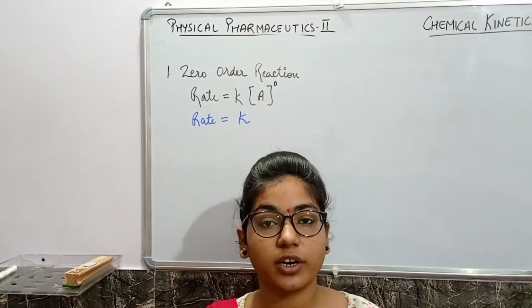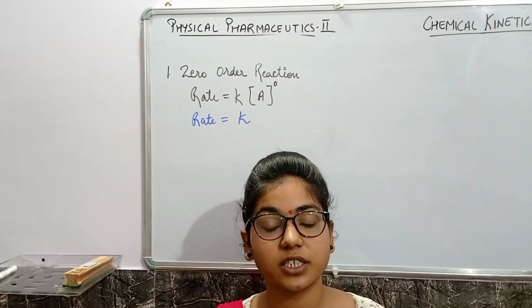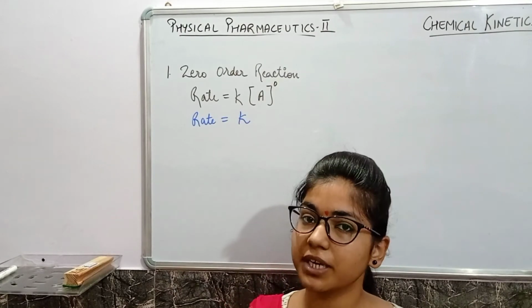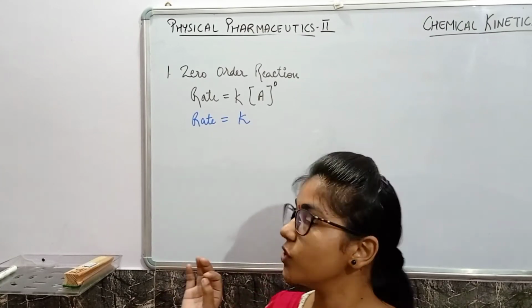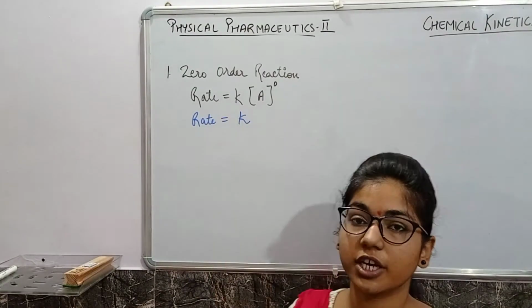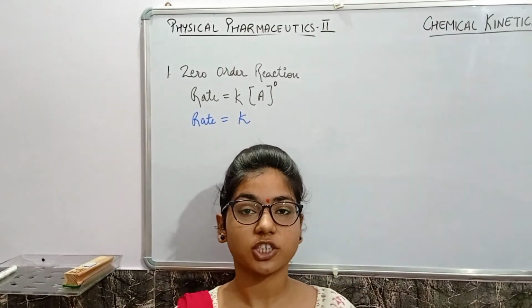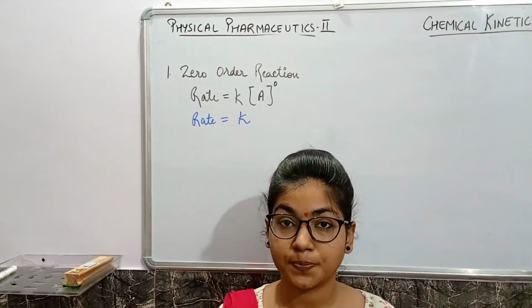The factors which will affect it are the solubility or the temperature and various other things, but concentration is not a factor. So the first thing you must remember is that in zero order reaction, rate of reaction is only dependent on the rate constant value.